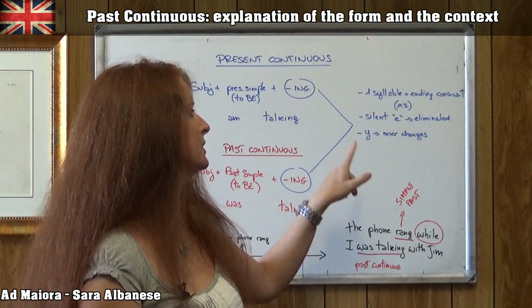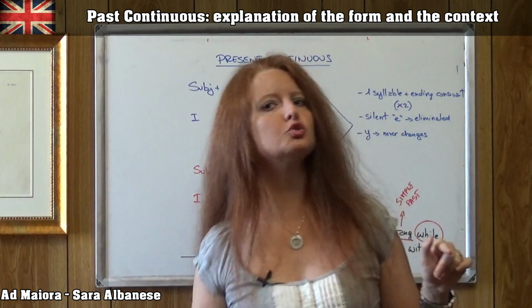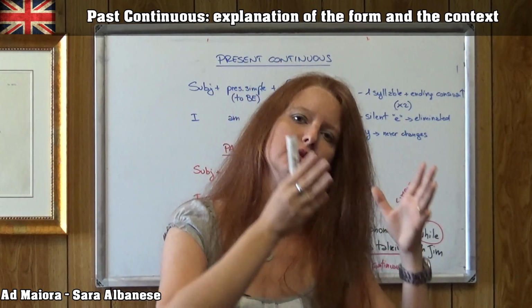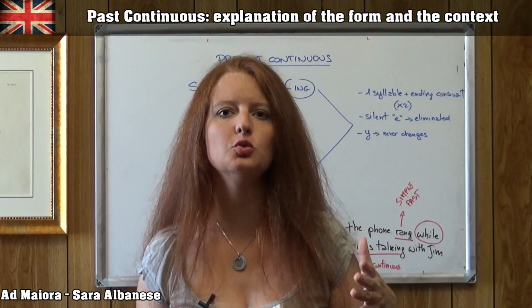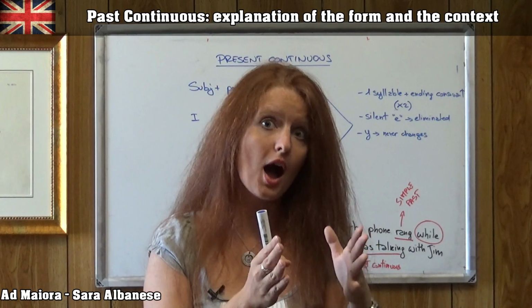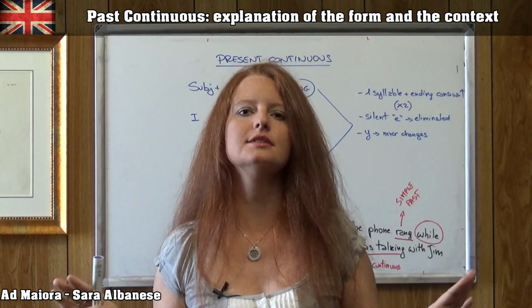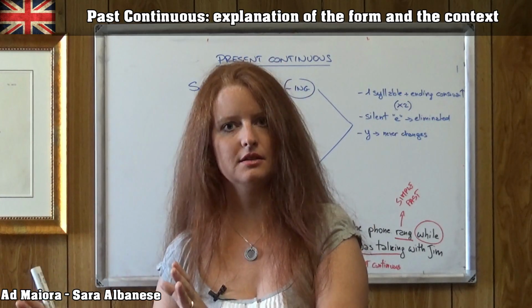And again, pay attention to the Y, because it doesn't follow the general rule in which if you have a consonant before the Y, you have to eliminate the Y and put an I. So in this case, it doesn't apply. You just have Y and ing.